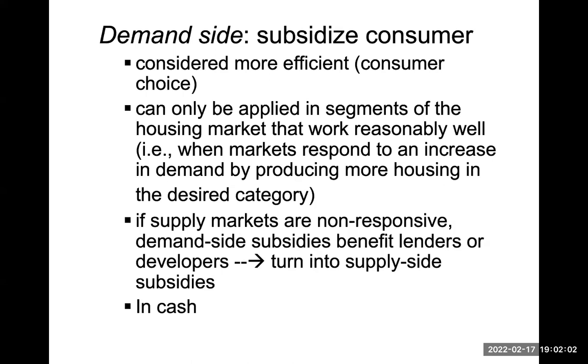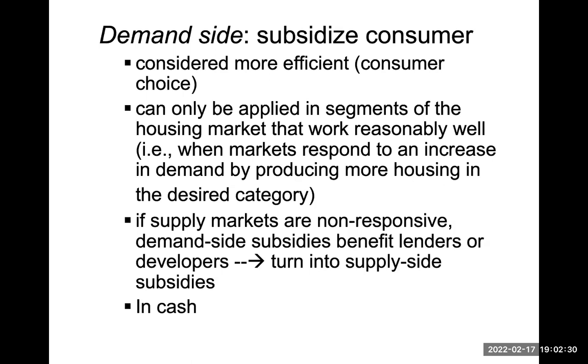For example, when the markets respond to an increase in demand by producing more housing in the desired category. And thirdly, if the supply markets are non-responsive, the demand side subsidies benefit lenders or the developers. This would turn into supply side subsidies.